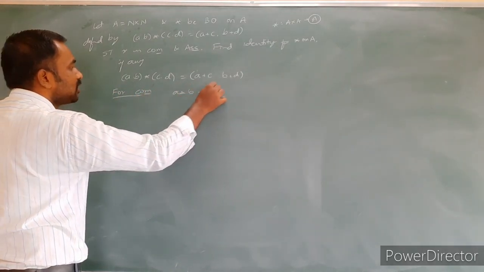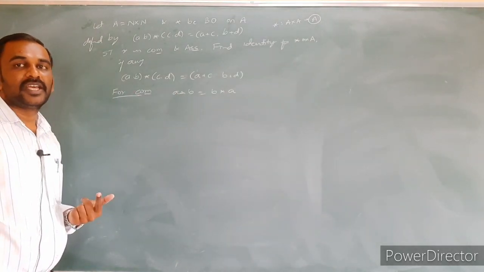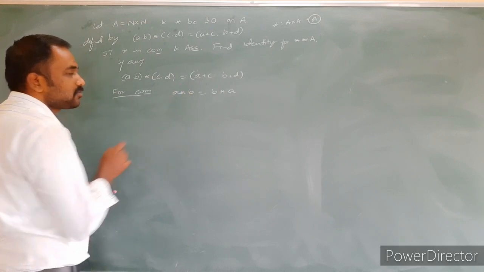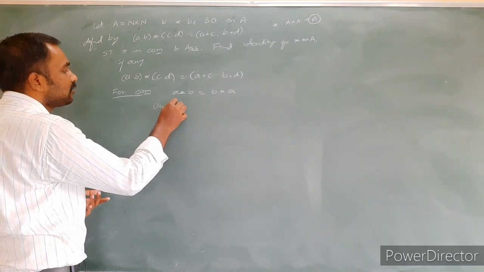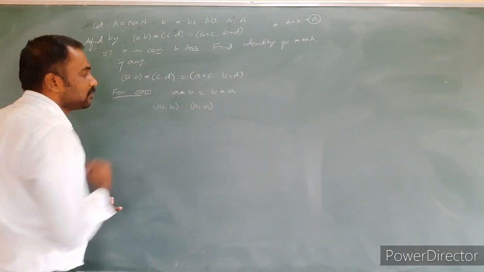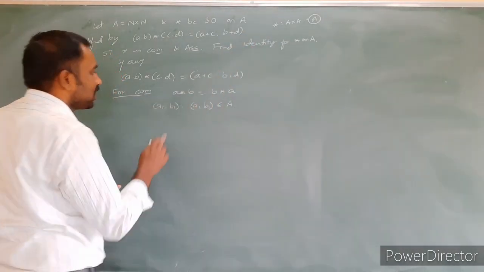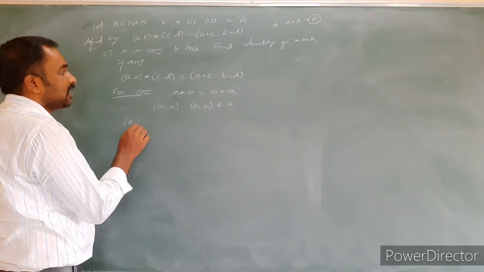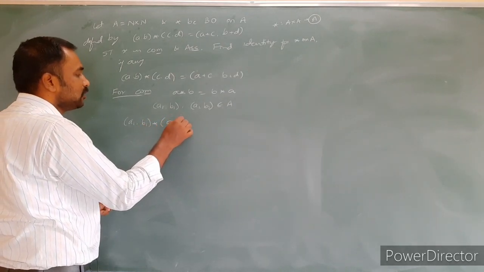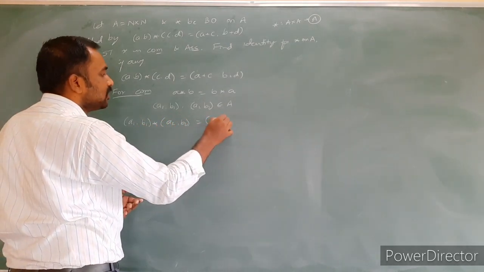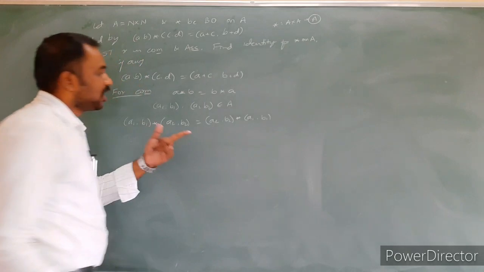We know that A star B is equal to B star A. Here, instead of choosing a single element, we have to choose ordered pairs. Choose (a1, b1) and (a2, b2), two ordered pairs belonging to the set A. According to the definition, is (a1, b1) star (a2, b2) equal to (a2, b2) star (a1, b1) or not? Check it.